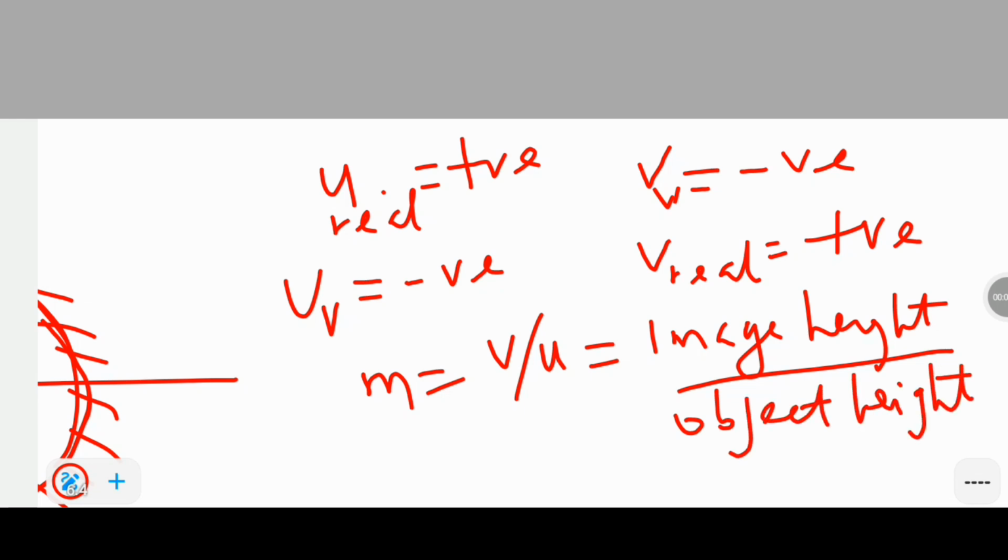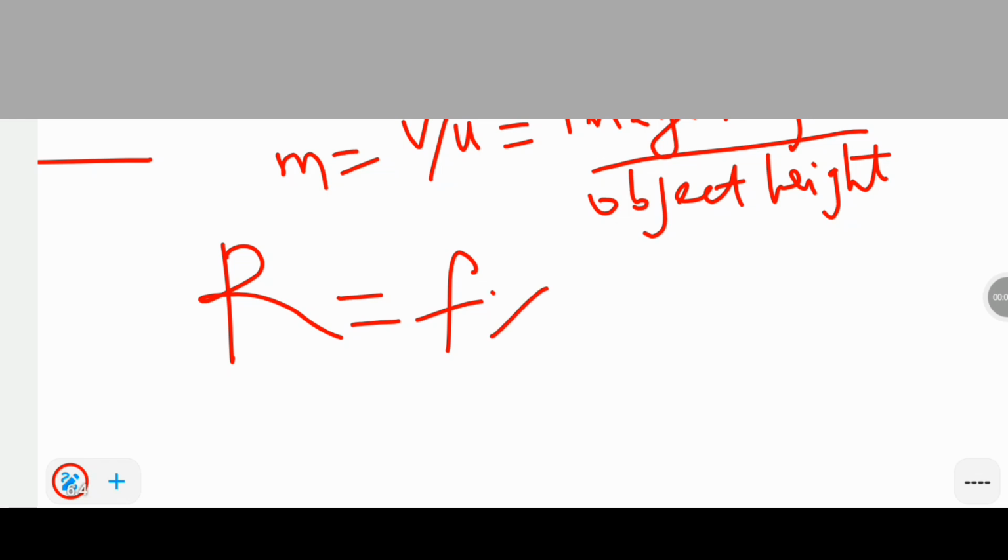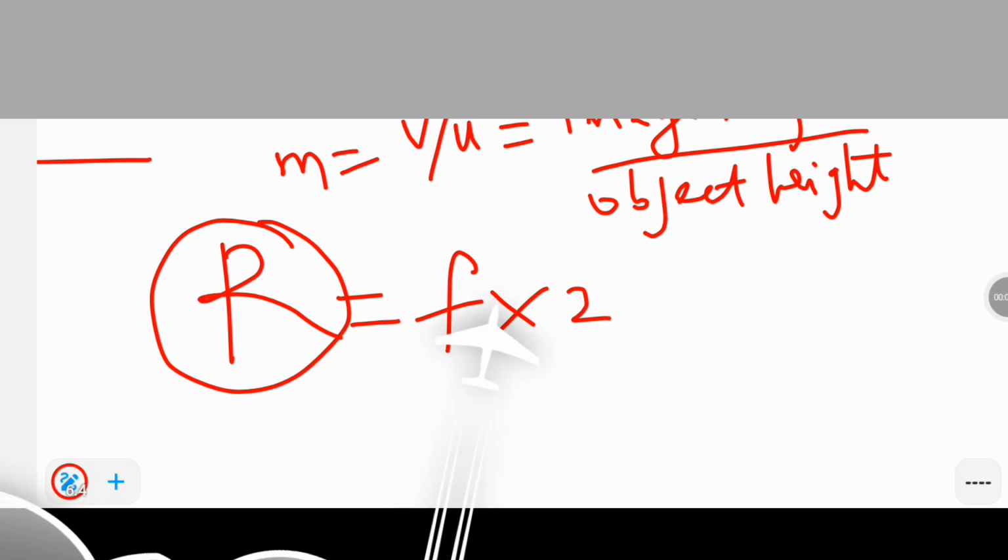So whichever one you use, you're going to get the same answer. Then lastly, radius of curvature, which is R, is equal to F times 2. That's the focal length times 2. We call it radius of curvature. So bearing all this in mind, let's take some questions to solidify your understanding of this topic.